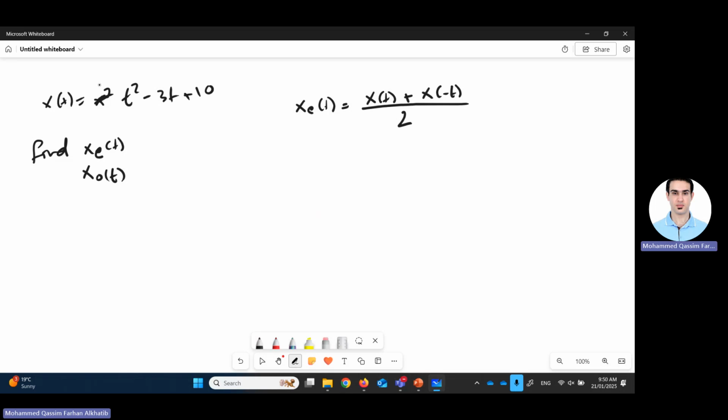X of t, the function itself, is t squared minus 3t plus 10, plus x of minus t. So substitute minus t here. So I have minus t squared.